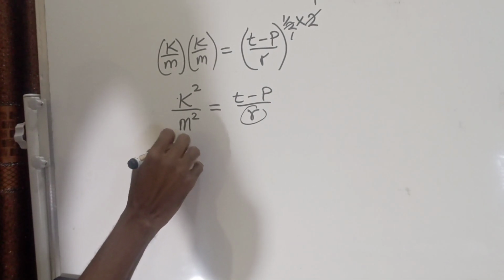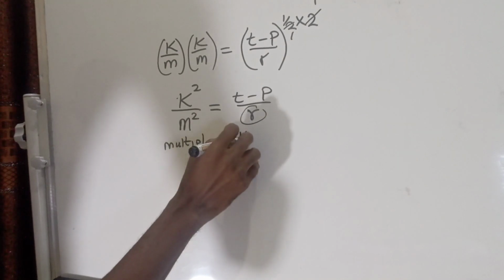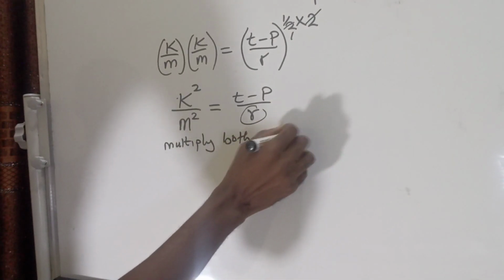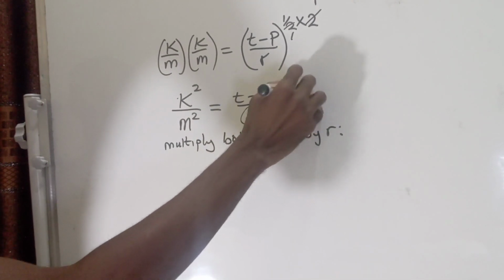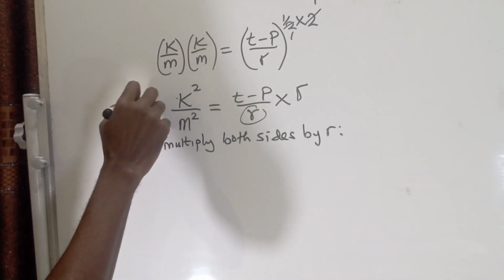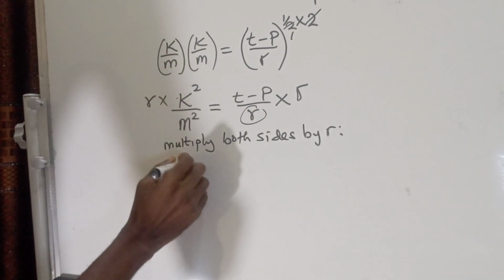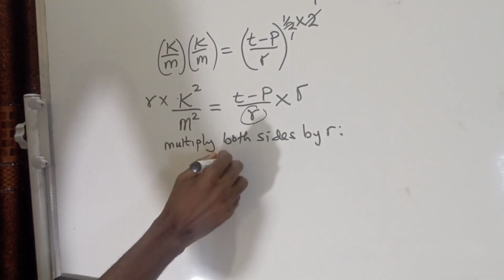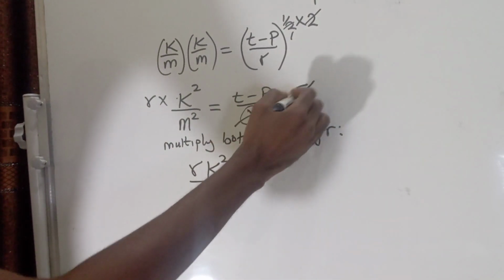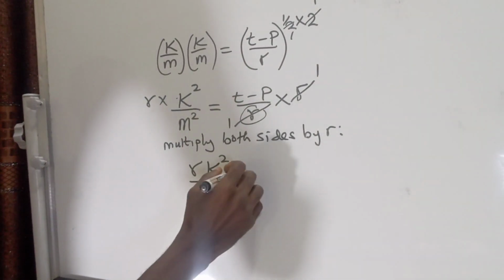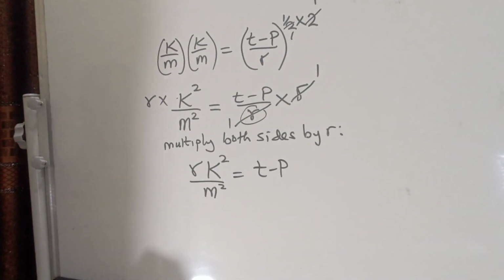So multiply both sides by R. I'm going to multiply this by R, and I'm also going to multiply this by R. So R times K square will give me R K square all over M square. R will cancel out R here, 1, 1. So we are left with T minus P at the right hand side.